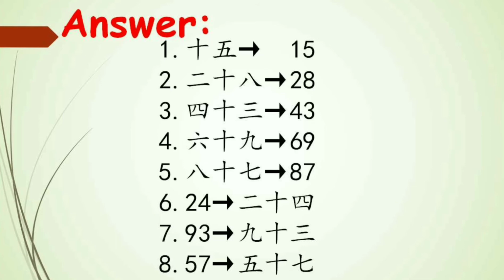So the most important thing is that you have to remember the basic numbers 1 to 10, how to say them in Chinese and how to write them in Chinese. From 1 to 10, these 10 words are very easy in Chinese writing, so you must remember them.